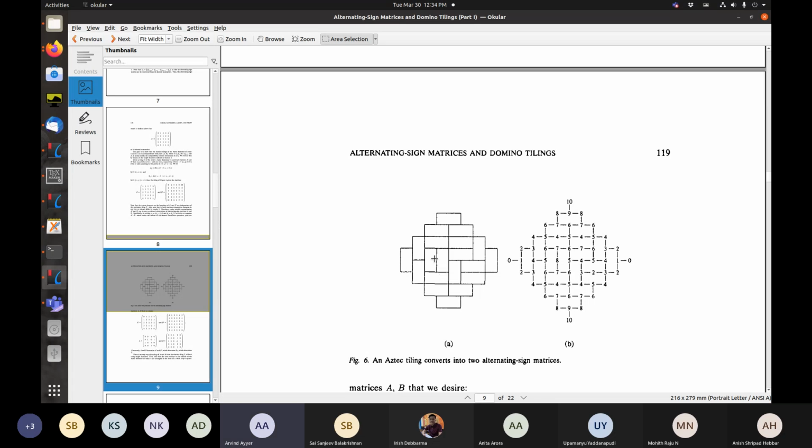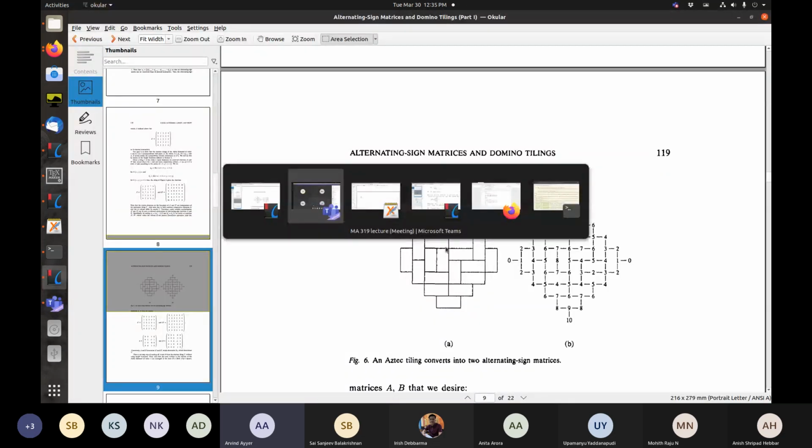When you have 2 parallel dominoes, which correspond to our elementary moves, then you will have 2. This is not the only example. Look at this: if all 4 of these cells belong to different dominoes, then you can have 4. But those will be rarer.